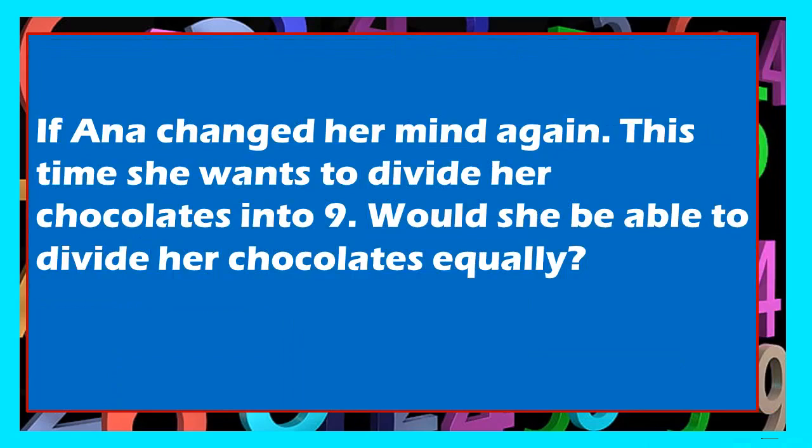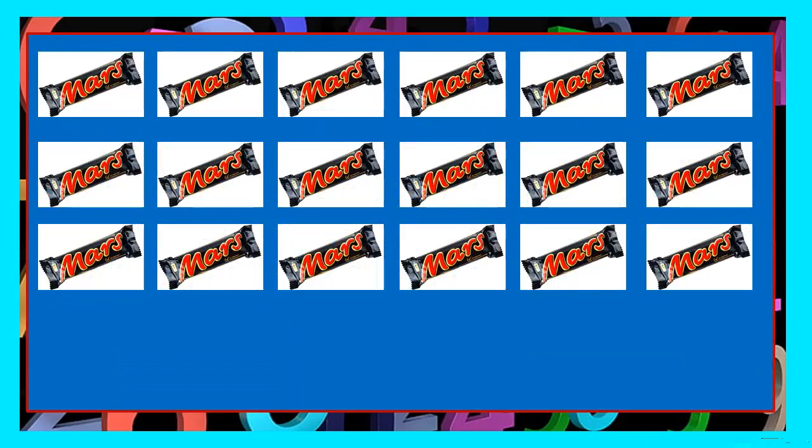If Anna changed her mind again, this time she wants to divide her chocolates into 9. Would she be able to divide her chocolates equally? So again, using the same illustration, let's divide these 18 chocolates into 9 equal groups.